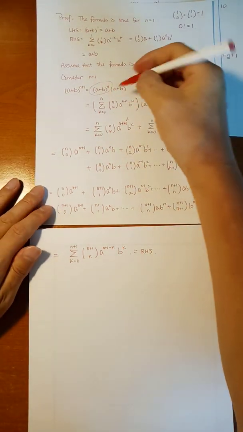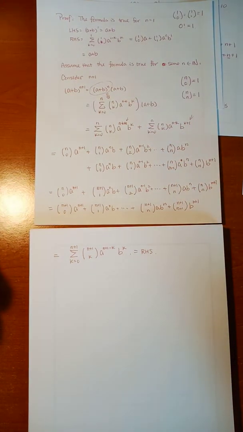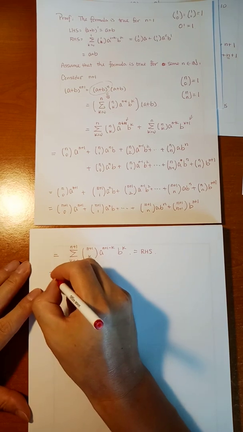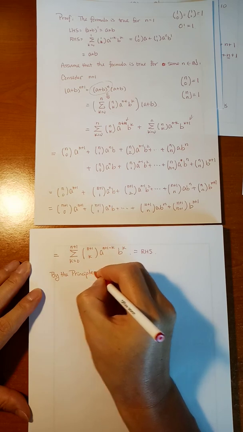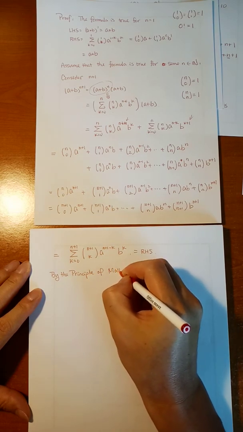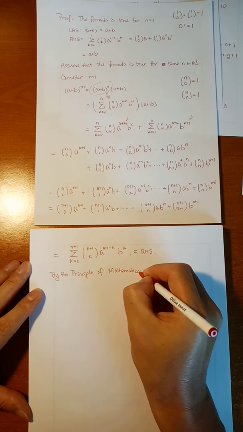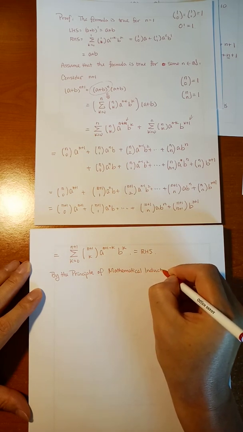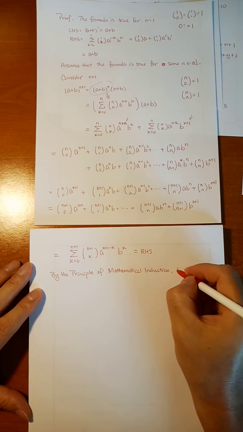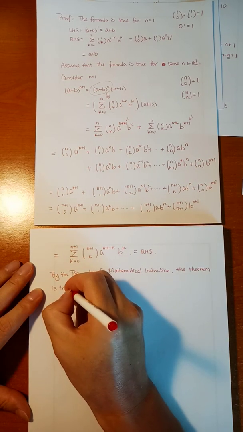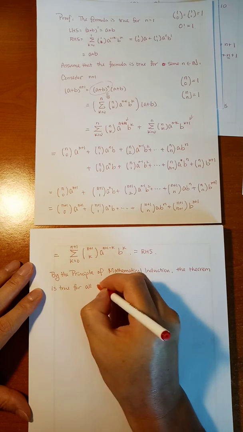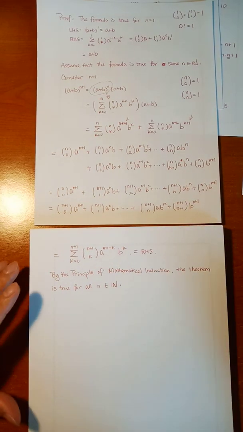In this proof, we do use the assumption that the formula works for the natural number n. Okay, so by the principle of mathematical induction, the binomial theorem, the theorem is true for all n in the natural numbers.